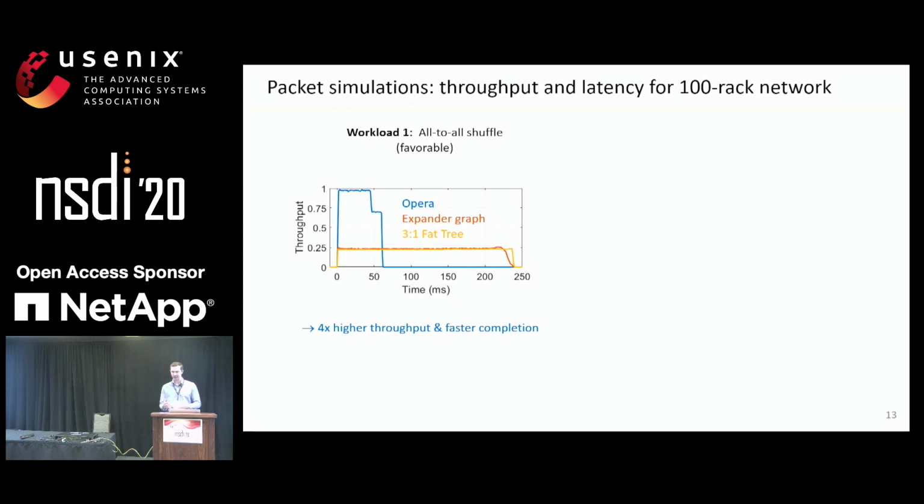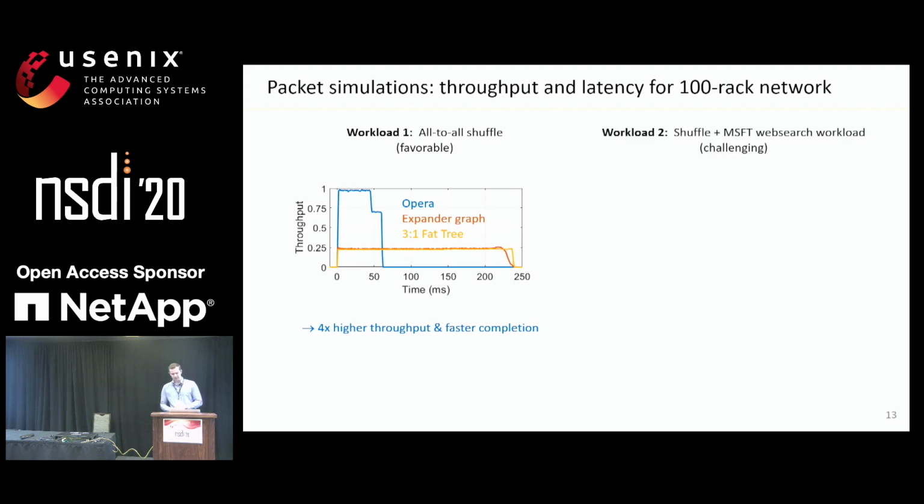Opera is able to send all traffic over the direct paths in this case. So it avoids paying a bandwidth tax and achieves very high throughput and fast job completion time. We ran the same traffic pattern over static networks, both an expander graph and a 3-to-1 oversubscribed fat tree, which were equal in cost to Opera. Those networks take longer to complete the shuffle because they're paying this bandwidth tax for this traffic.